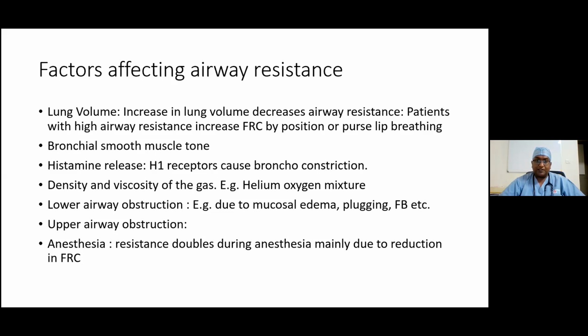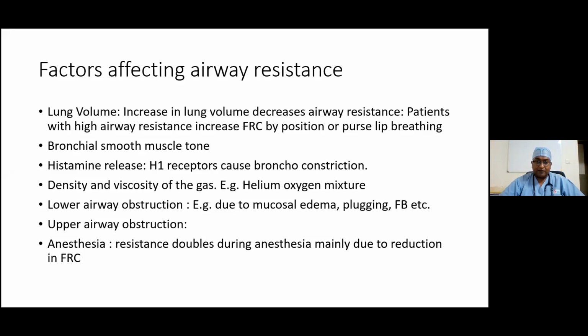Another important factor that affects airway resistance is bronchial smooth muscle tone. Histamine release also affects airway resistance because H1 receptors cause bronchoconstriction. Density and viscosity of the gas also matter; for example, a helium-oxygen mixture is used to decrease the density and viscosity.